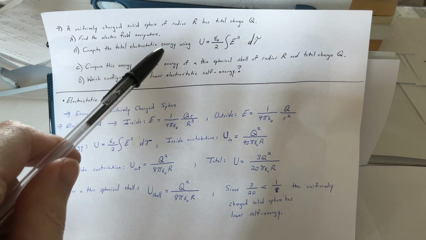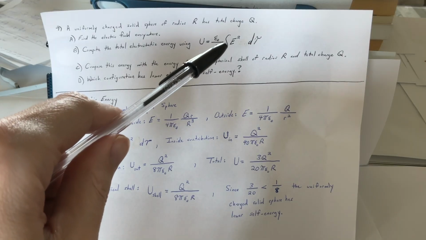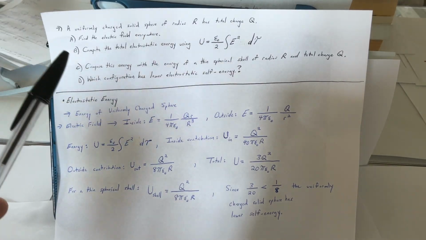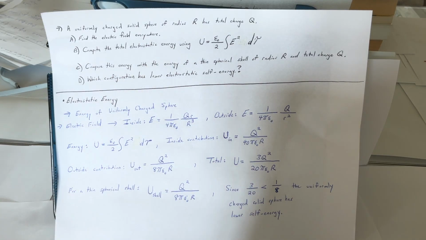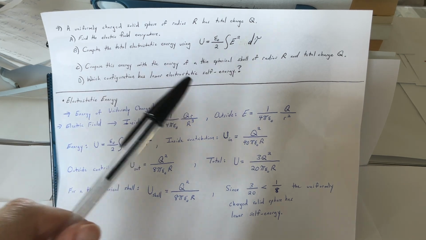Compute the total electrostatic energy using U equals epsilon naught over 2 times the integral of E squared d tau. Compare this energy with the energy of a thin spherical shell of radius capital R and total charge Q. Which configuration has lower electrostatic self-energy?